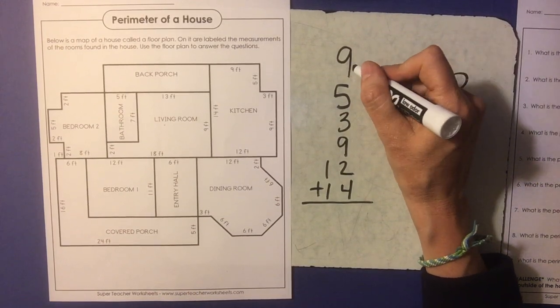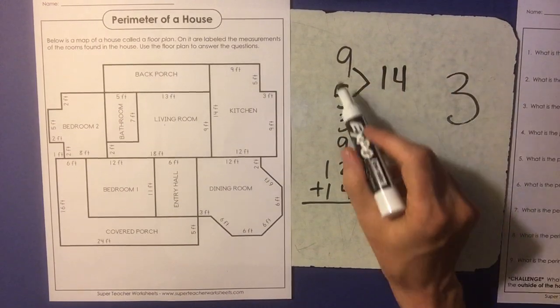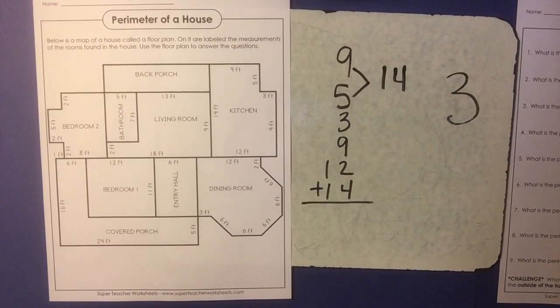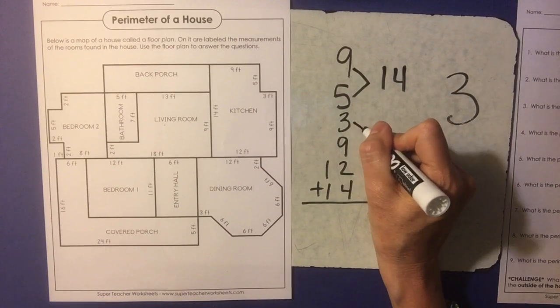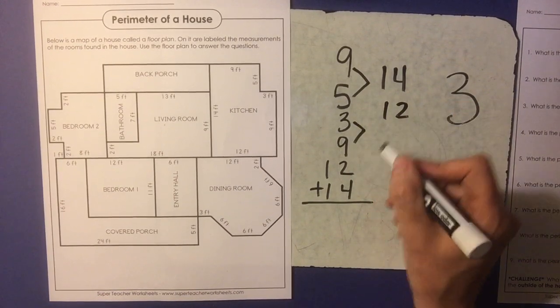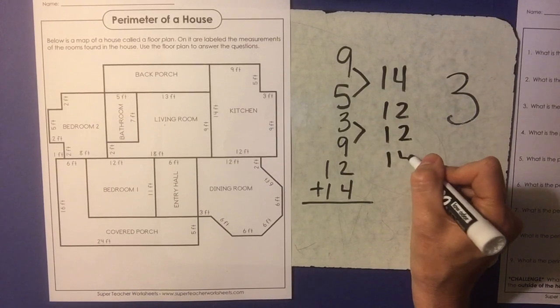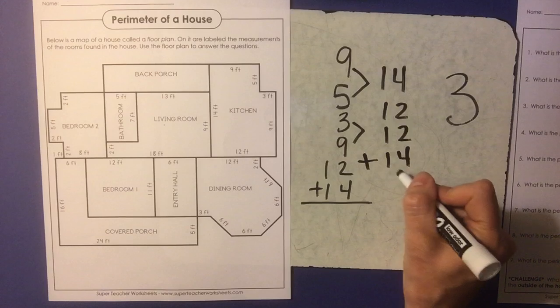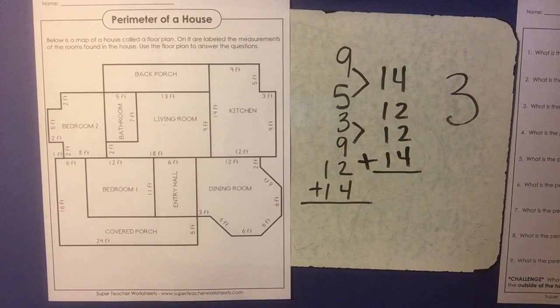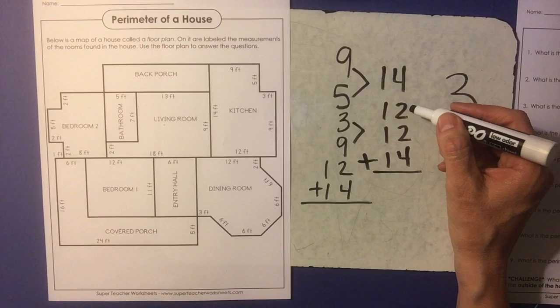Okay, so to solve this problem, I'm going to break it down into smaller parts. I know 9 plus 5 is 14. 3 plus 9 is 12. And then I have 12 here. And look at that, I have another 14. So now I have kind of an easier addition problem to calculate here. I have 4 plus 2, which is 6.